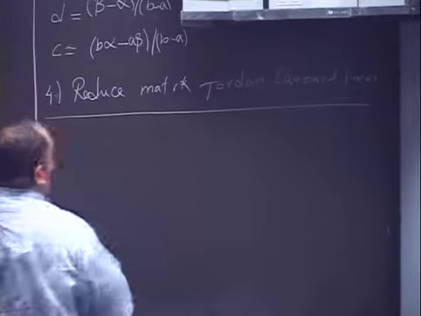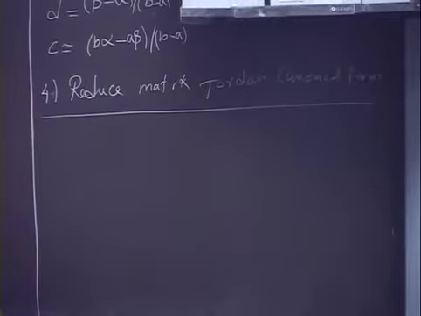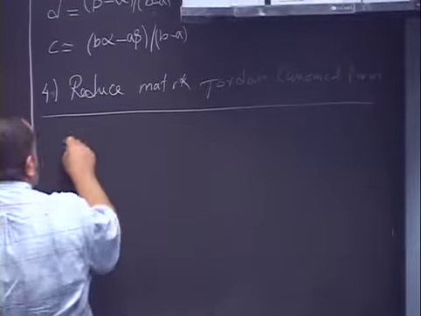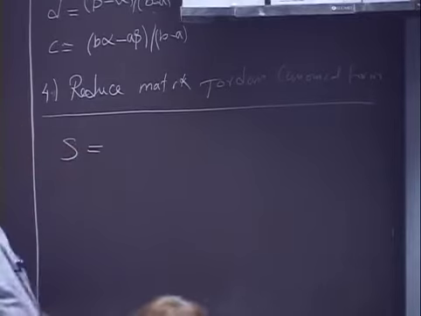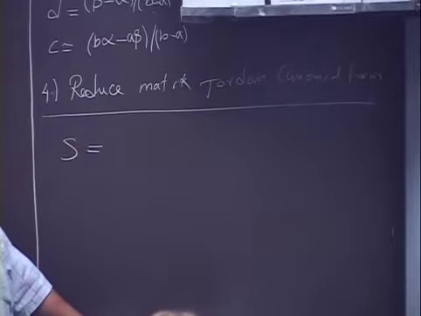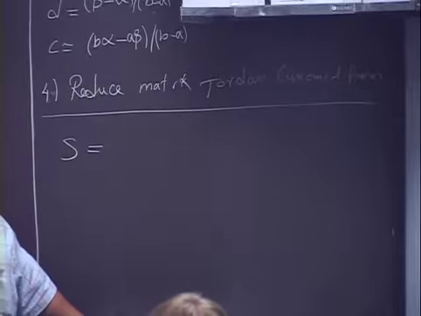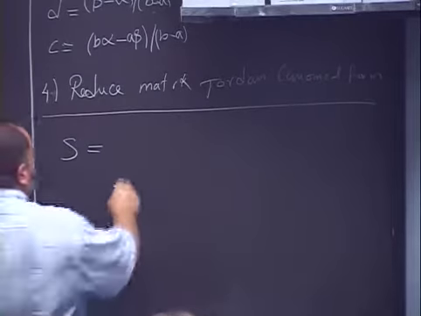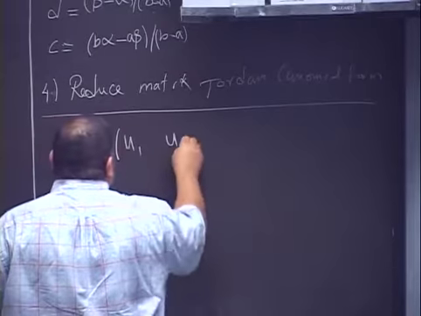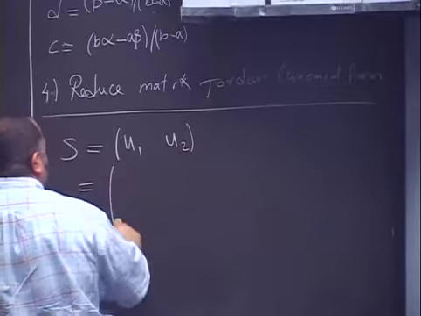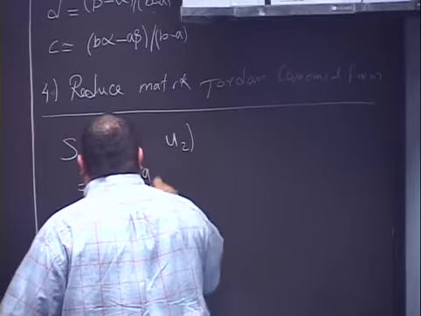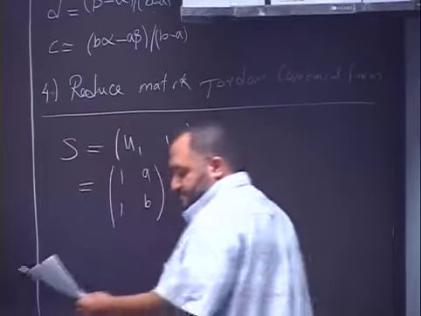So how will we form the transformation matrix S? Last time we stated that the transformation matrix is composed of U1 and U2. So how will you form it? You'll just put 1, 1, and A and B.